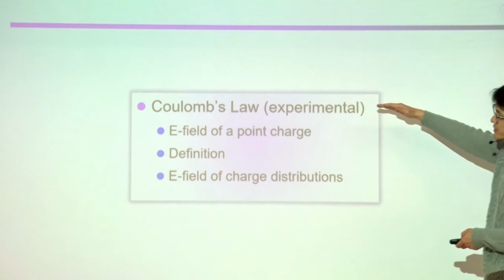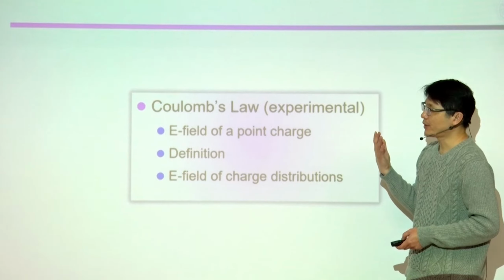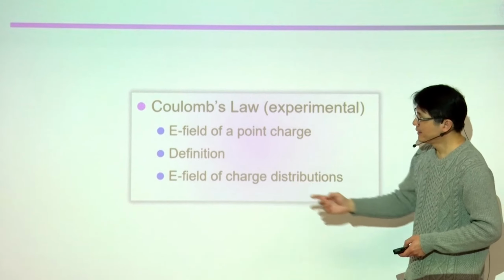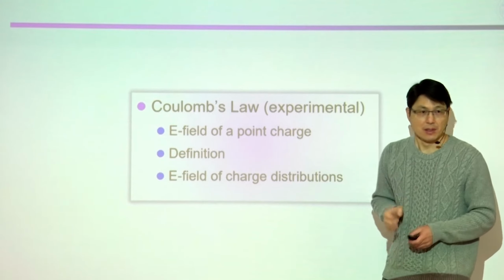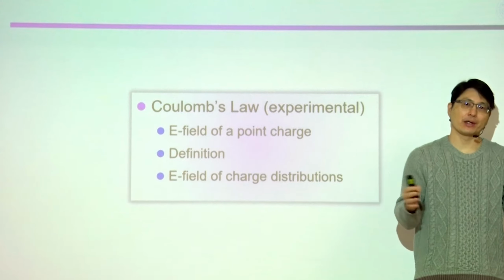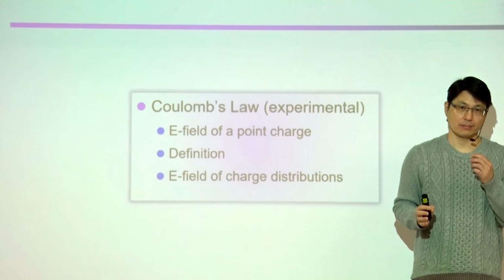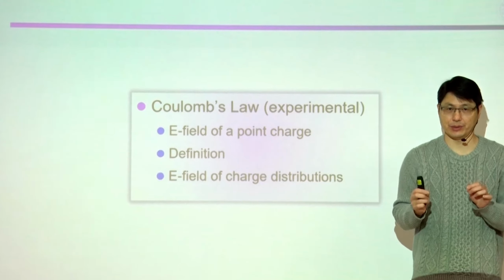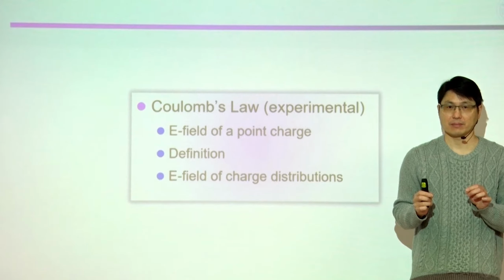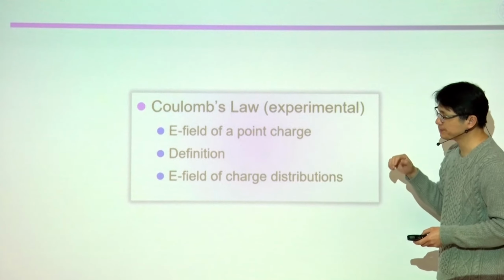So using Coulomb's law, I'm going to explain, and we can now really quantify the E field of a point charge. Up to now, we only have a qualitative description, and we don't yet know the real value of the E field in space. Okay, so we're using Coulomb's law.